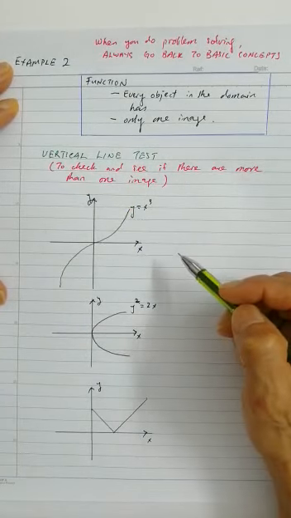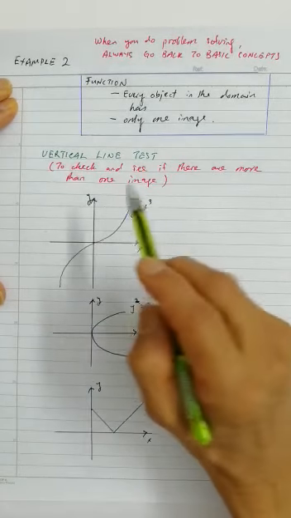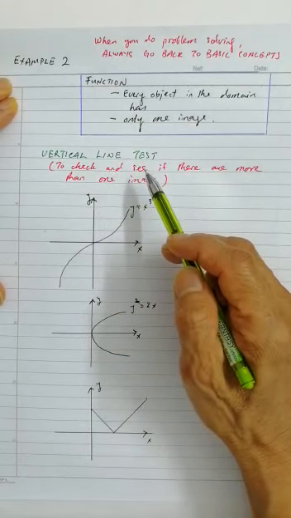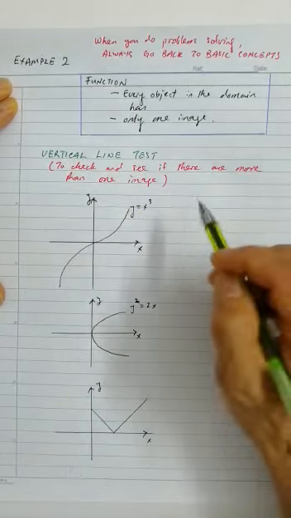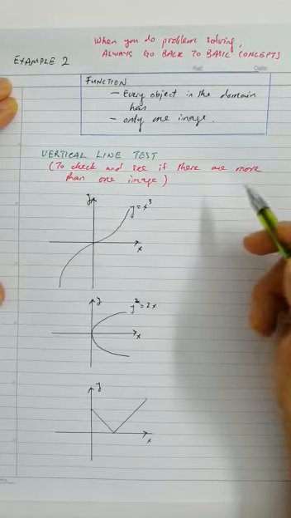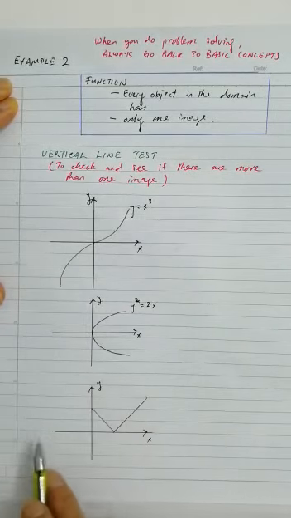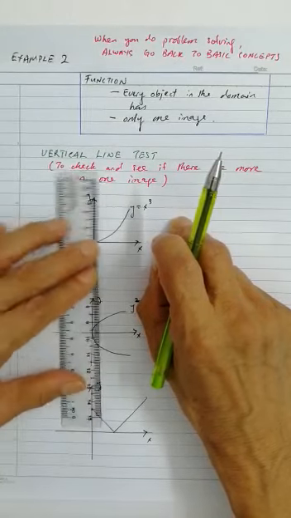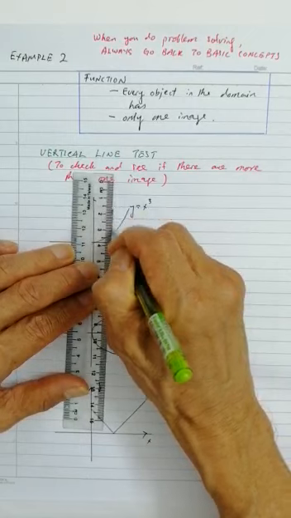So in example 2, we will need to use a vertical line test. Basically, this is to check and see if there is more than one image. Now this is the domain. When you do a vertical line test, you will need to draw a line.